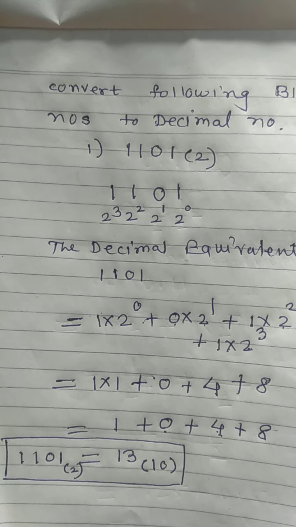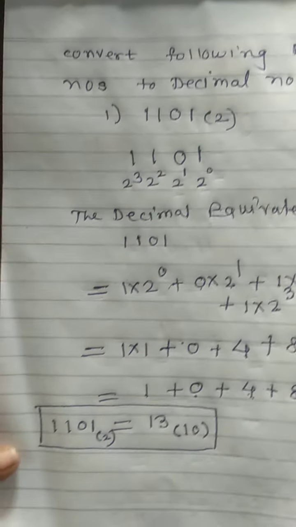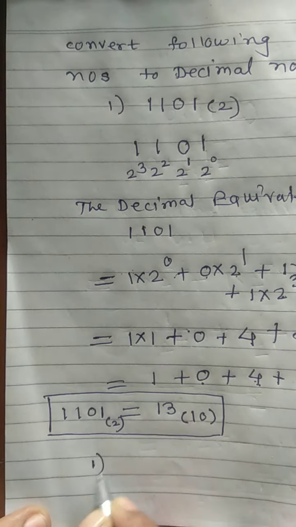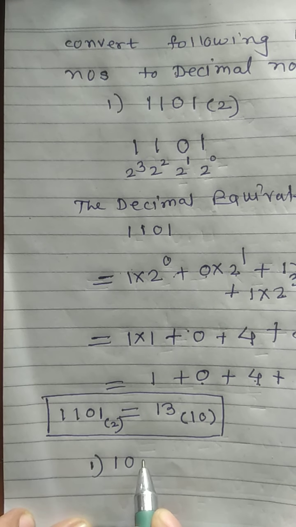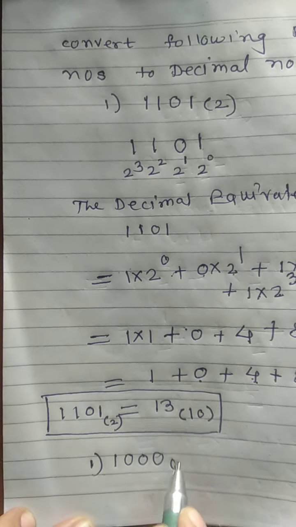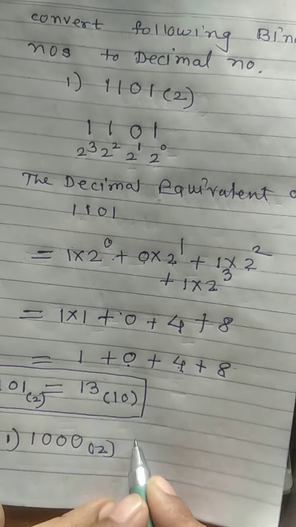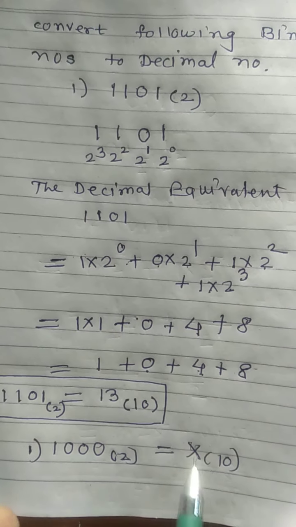Now, this was the conversion from integer binary to decimal. Now, I will give you homework, 2 examples. First example is 1000, base is 2. Convert this to x base 10. Find this x.